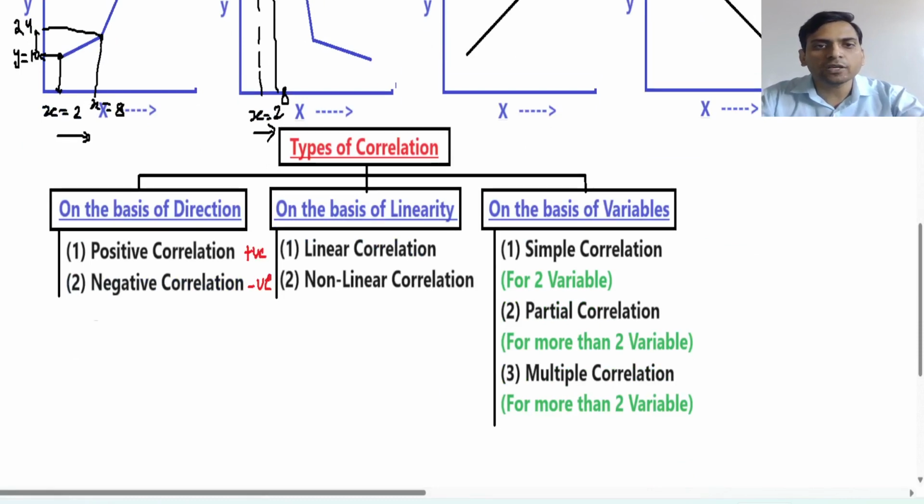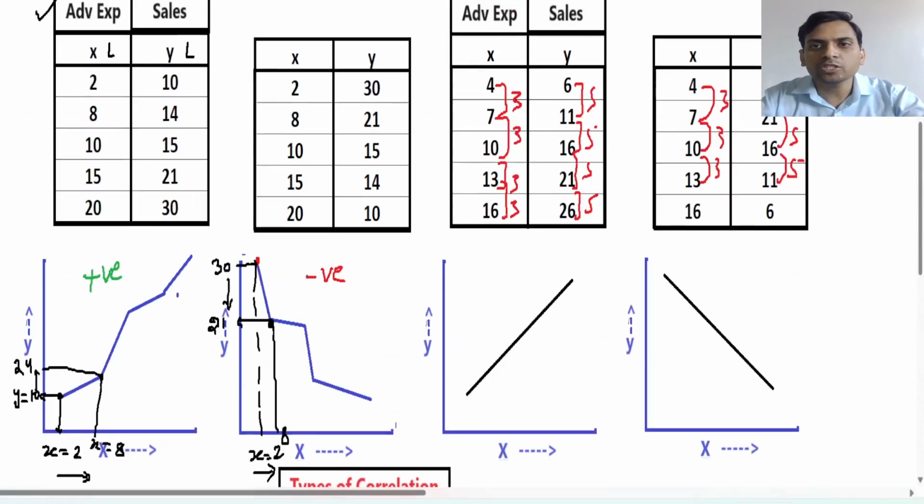And now we will see on the basis of linearity, there are two things, first is linear correlation and second is non-linear correlation. So we have these two data sets, first is this and second is this. In the first data set you will see two variables X and Y, and in each variable you will see a constant gap.